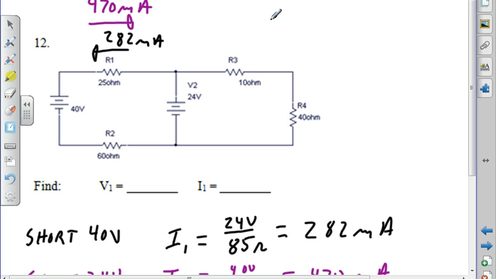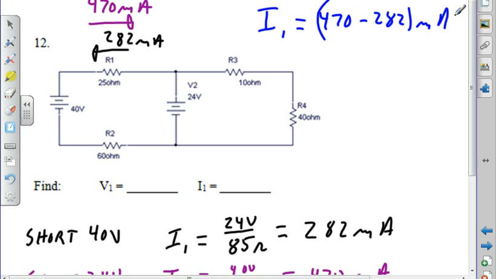So now I found out the current through 1 has to be 470 minus 282 in milliamps. 470 minus 282, 188, so we'll call that 190 milliamps.